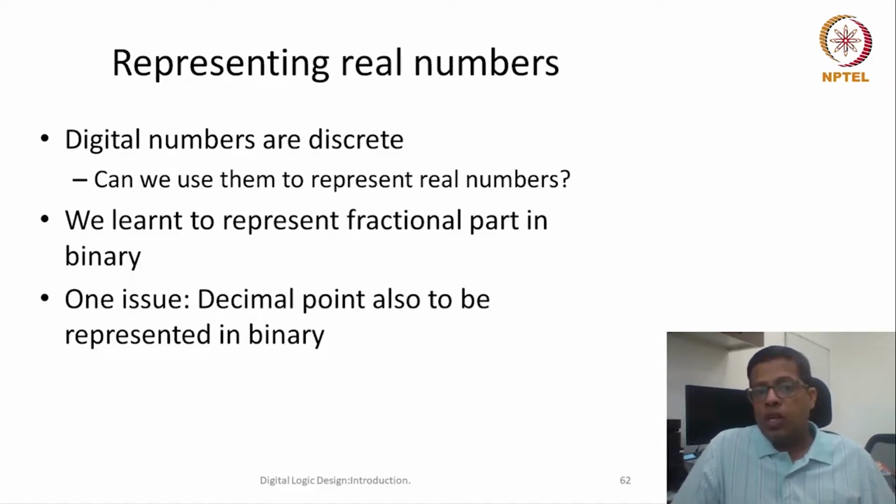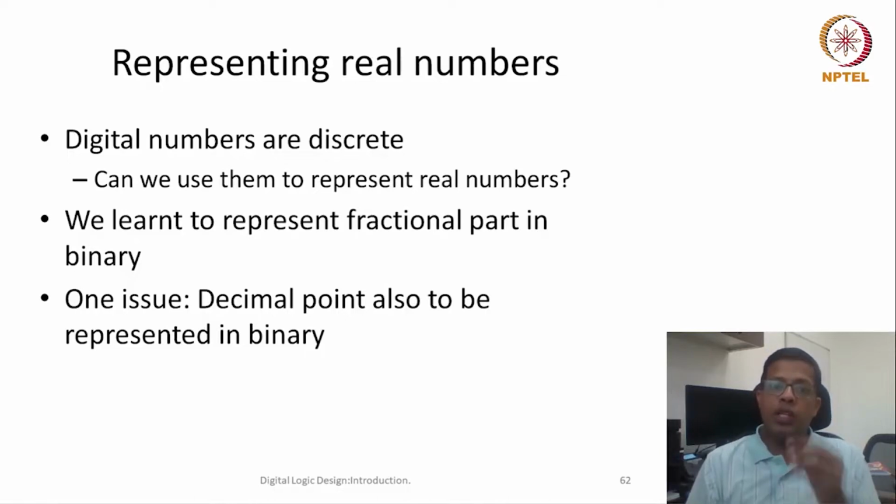In the world around us, actual numbers are both integers as well as real numbers. Integers means counting 1, 2, 3, 4, 5, but real numbers have fractions also. Now, can we represent numbers that contain both a fractional part and an integer part, essentially what we call real numbers? So can we represent real numbers using binary?